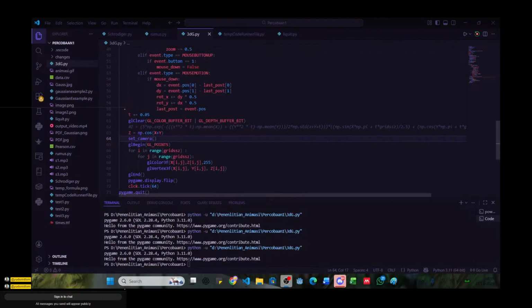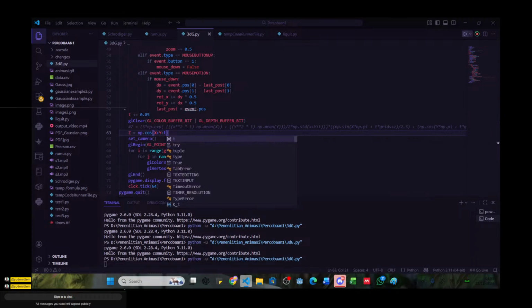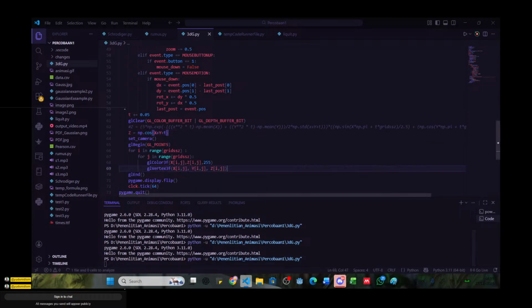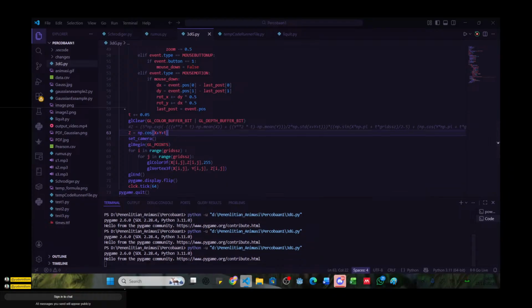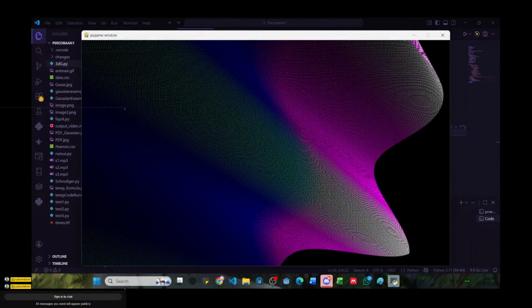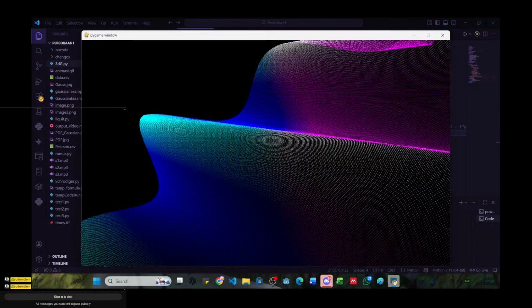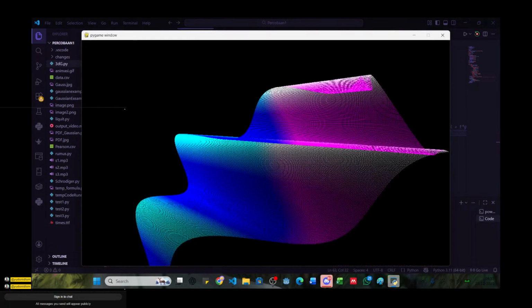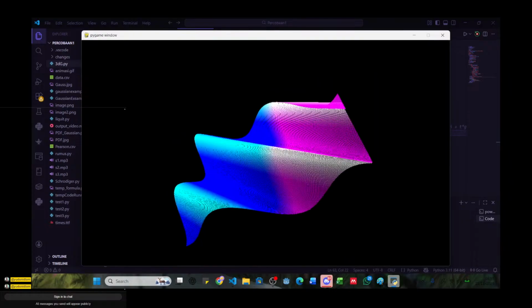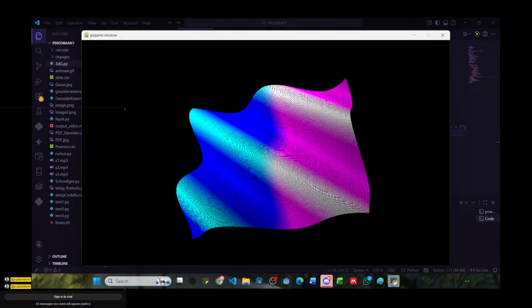Okay, here we go. This is the cos. What if I add it with time? Let's see how this goes. And the cos plane is moving like a wave. You see that?